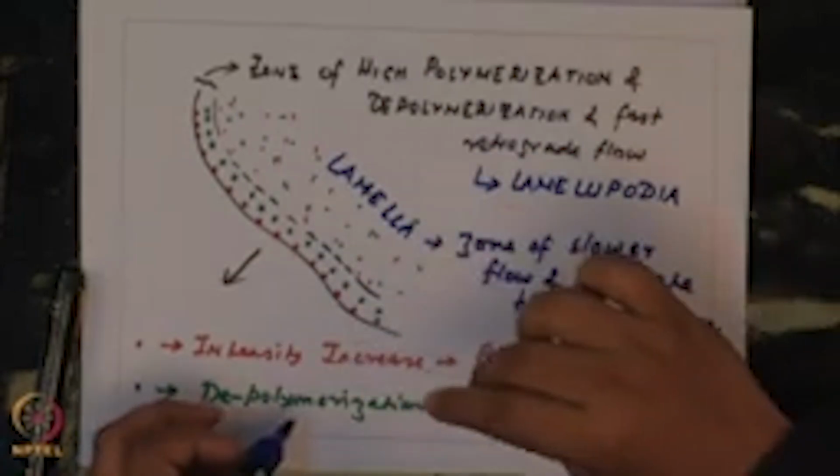The lamellipodia has fast retrograde flow and high turnover, and the second is a zone of slow flow and punctate turnover pattern. So, this suggests that you have these two zones which are right next to each other, but probably they are physically distinct zones.